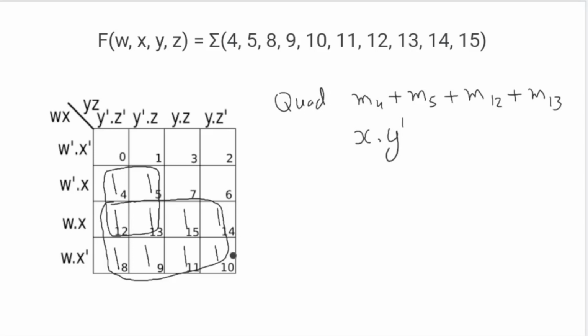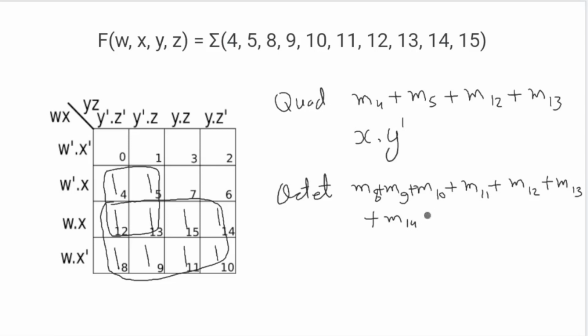Now let us proceed with the octet. So we'll say octet, and then we'll mark the octet first. This octet will be represented by M8 plus M9 plus M10 plus M11 plus M12 plus M13 plus M14 plus M15.